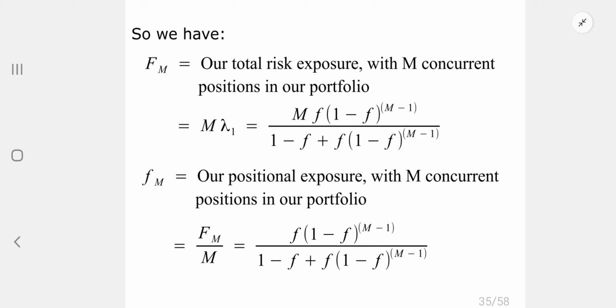And we have small fm, which equals our positional exposure with M concurrent positions in our portfolio, which equals big FM divided by M, which equals small f times (1 minus small f) to the power of M minus 1, all divided by (1 minus small f plus small f times (1 minus small f) to the power of M minus 1).